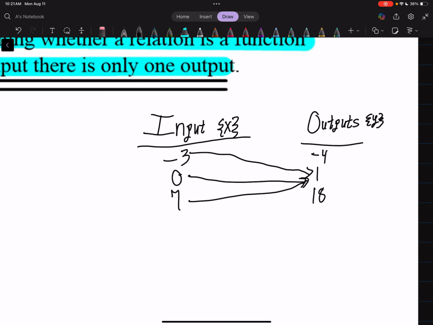All of my inputs are going to the same output. That is perfectly fine because each input only goes to one number. What I cannot have is -3 goes to -4 and 1. This is not a function. You can only have an input going to exactly one output.